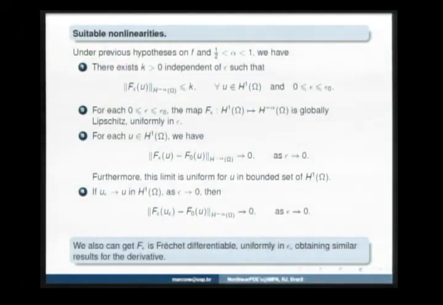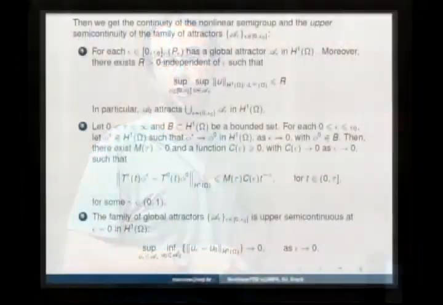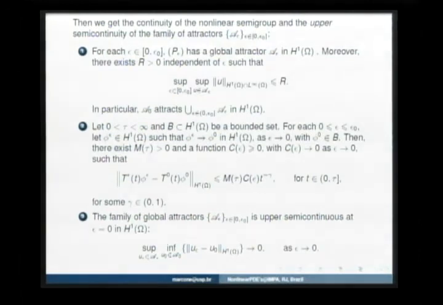So using this, we can show the upper semi-continuity of the attractors. We have these three properties. They are uniformly bounded. The attractor A0 attracts the union of the attractors A epsilon for epsilon small enough. We have the continuity of the nonlinear semigroup, and we have the estimate in infinite time, and we have the upper semi-continuity of the attractors.